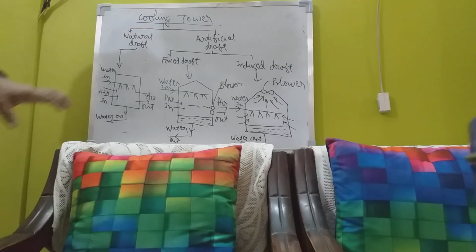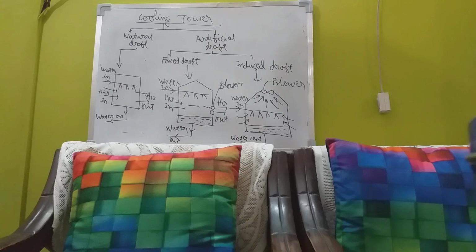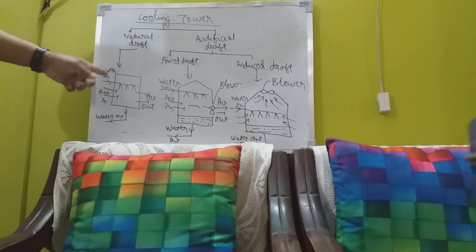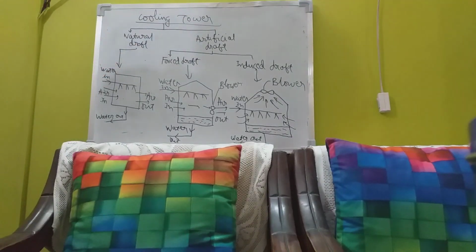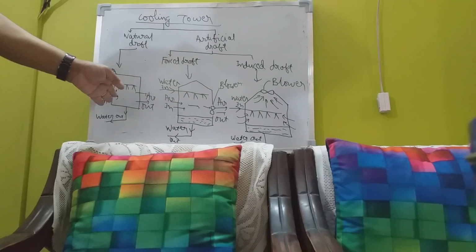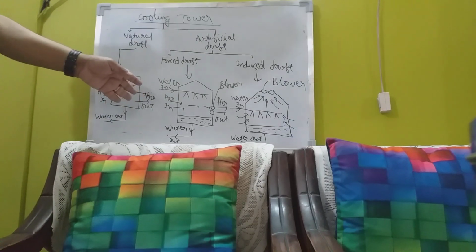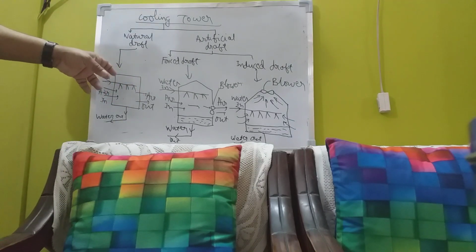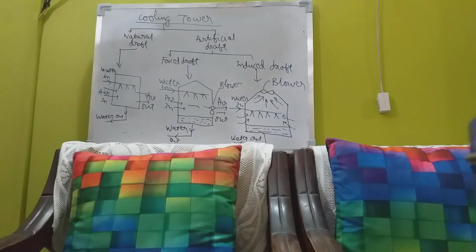Natural draft cooling tower means it works with the help of natural air. So there is no outside blower in that. When the air passes through the system, inside that water is coming in, and it is sprinkled through small nozzles.